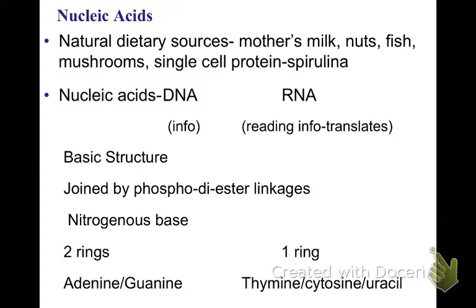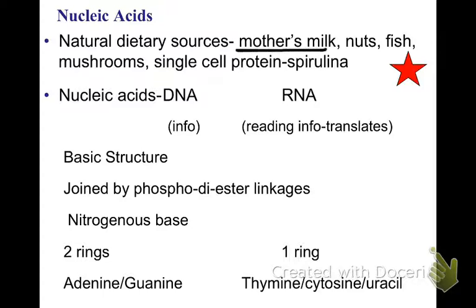So nucleic acids, remember, of all of the different macromolecules that we have studied, this is one macromolecule that we do not have to constantly be supplied with. Our body can make it. But there are dietary sources where we can get some amount of nucleic acid.